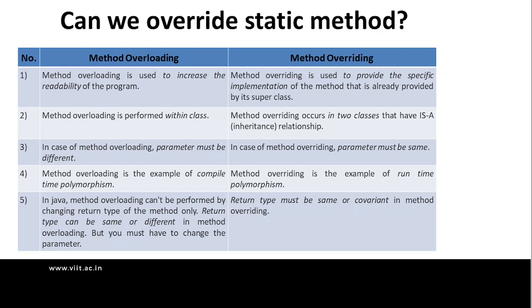Method overloading is an example of compile-time polymorphism. Method overriding is an example of runtime polymorphism. In Java, method overloading cannot be performed by changing only the return type of a method. The return type can be the same or different in method overloading, but you have to change the parameters. The return type must be the same or covariant in method overriding.